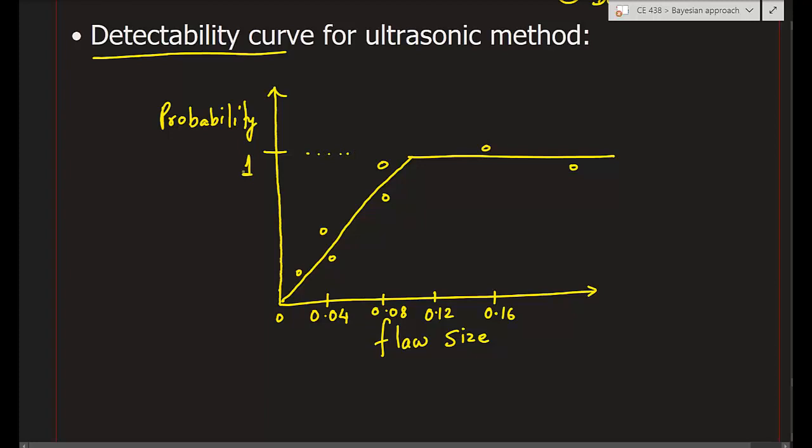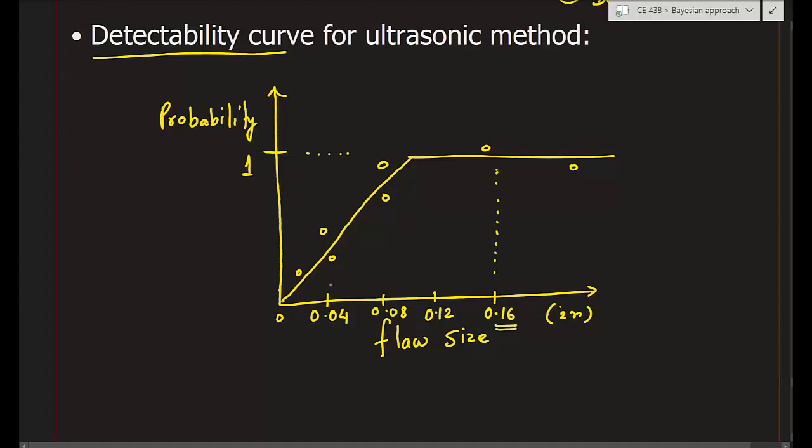So you see what this curve is telling us about flaw size. If I have a flaw of 0.16 inch, let's say we have inch on the x-axis, then I can detect this flaw with a probability of 1.